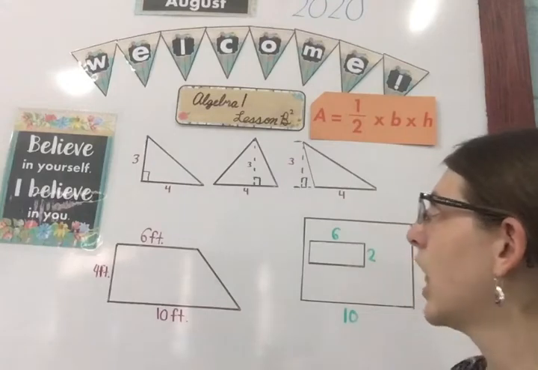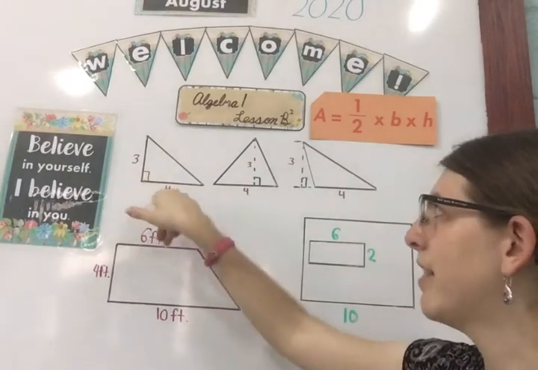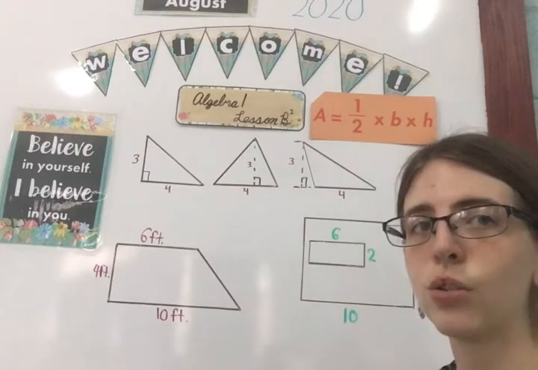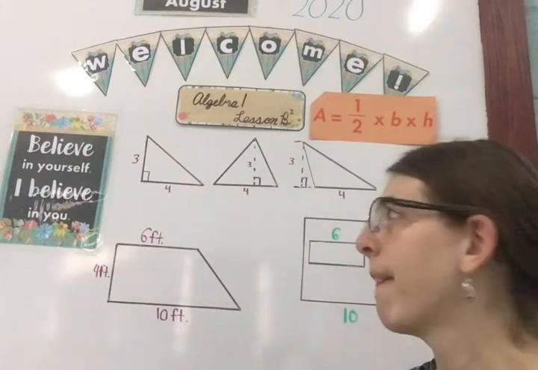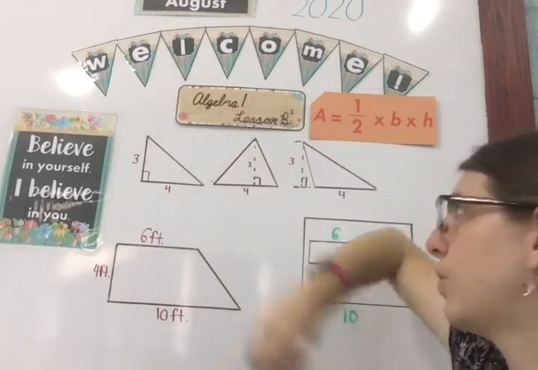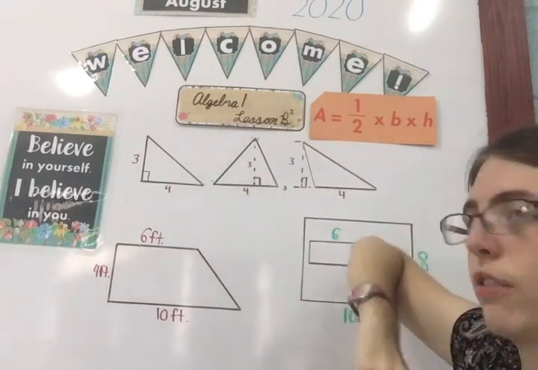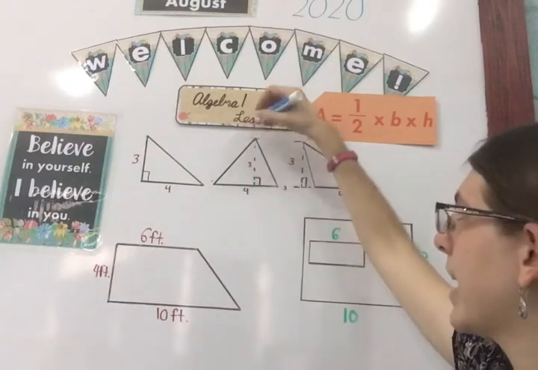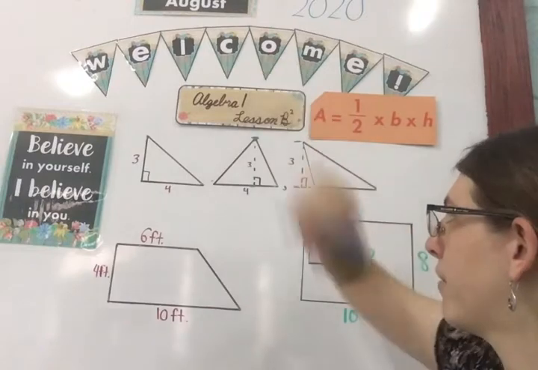All right, look at this next one. Again, the measures are the same, 3 and 4, but where you find the altitude is different. This here to here is not the altitude, nor is here to here the altitude. It's the spot that's perpendicular to the base, to the tip top of your triangle.